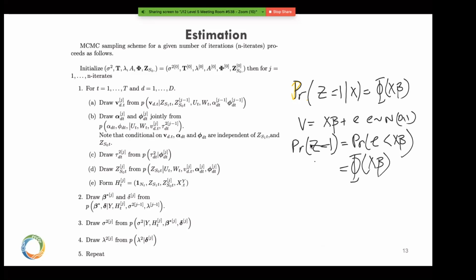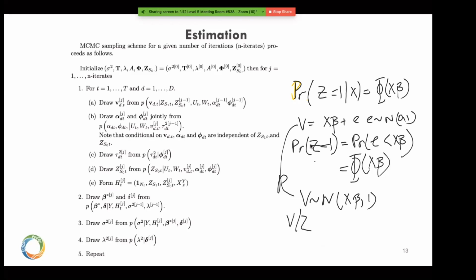And so now we have a way, if we generate these latent variables, these Vs, if we know beta, and we generate them according to this, but constrained. So here V is normal(X beta, 1).